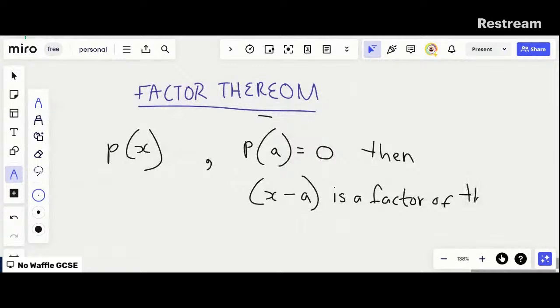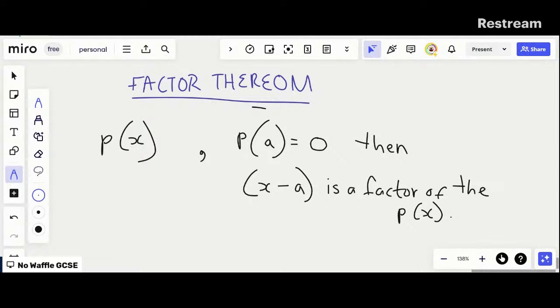So that is factor theorem. And if you're ever asked what actually is factor theorem, that's factor theorem.